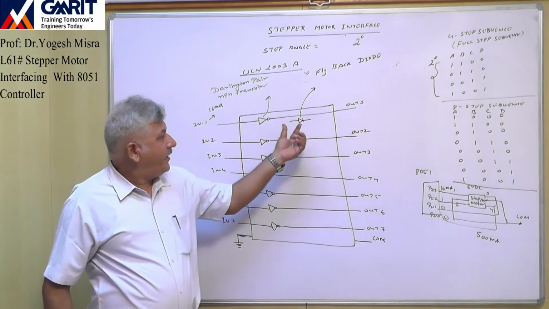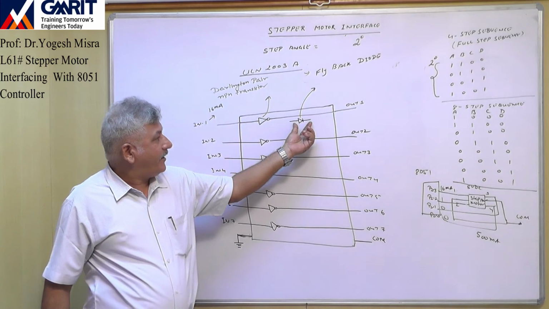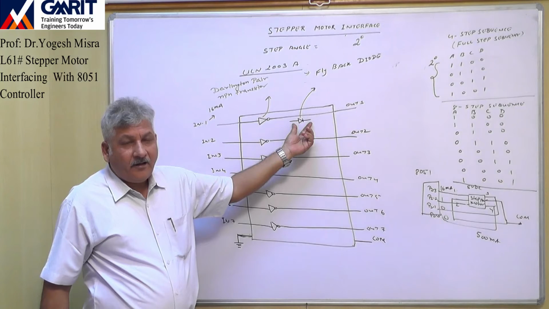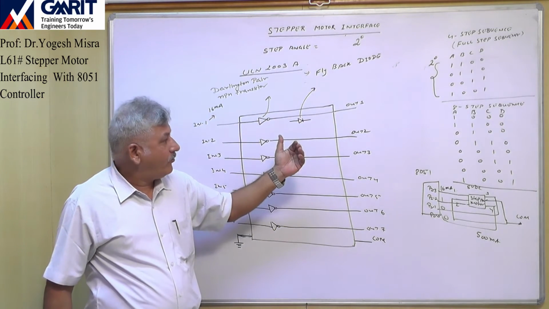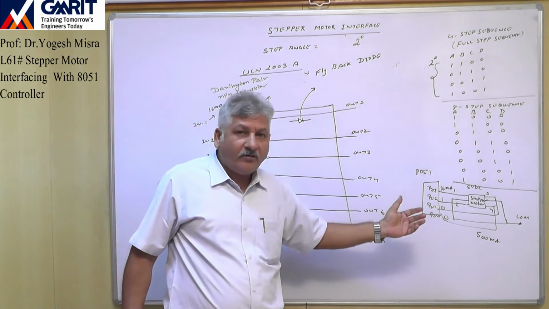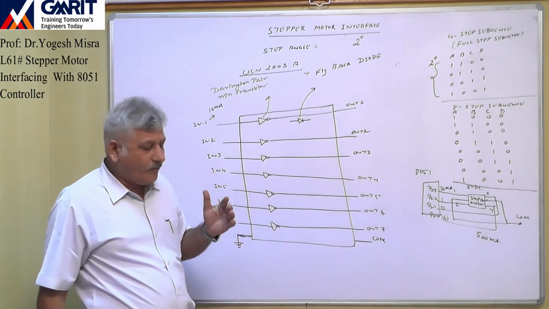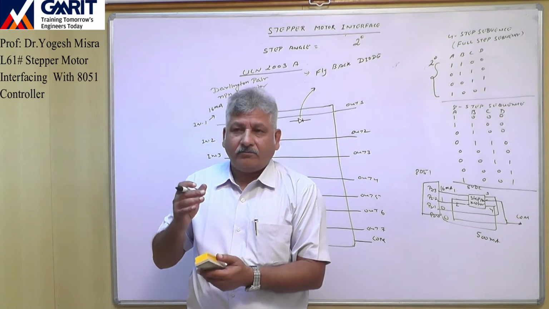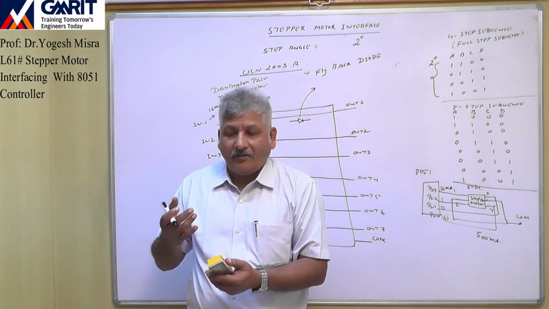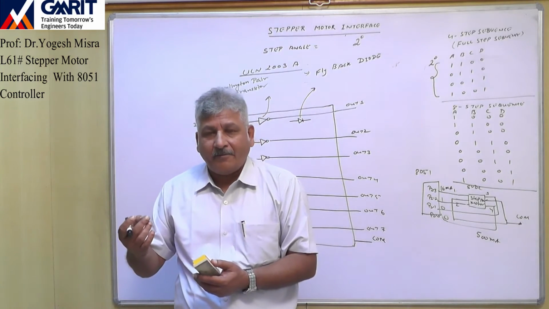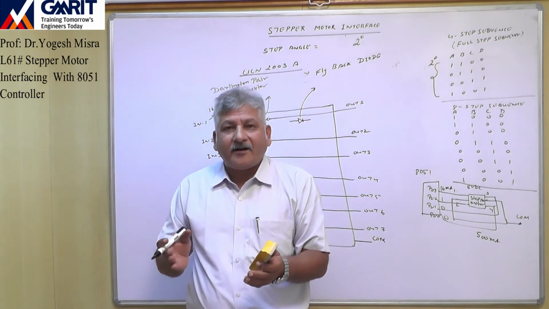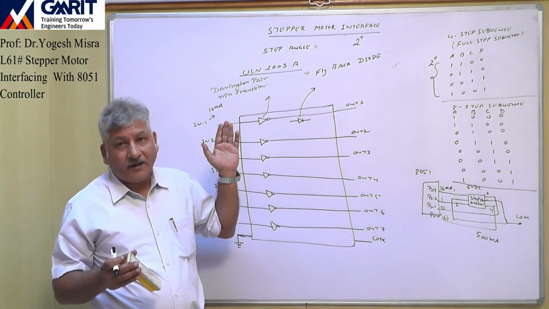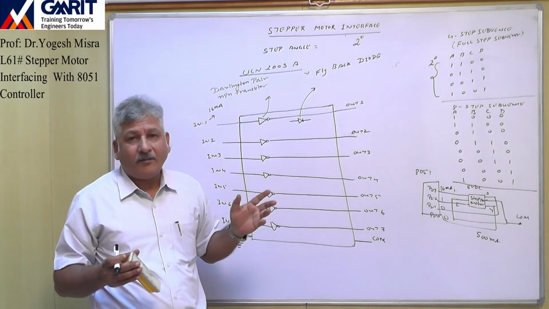So it is always connected in reverse bias condition, and due to this it is possible to connect an inductive load to the microcontroller. Because when we are switching the inductive load from on to off or off to on, a high current is generated, and that current can enter your microcontroller pins and damage the port of the microcontroller.